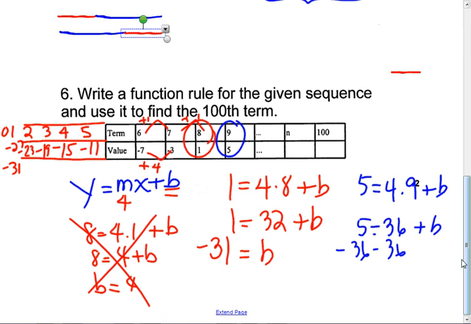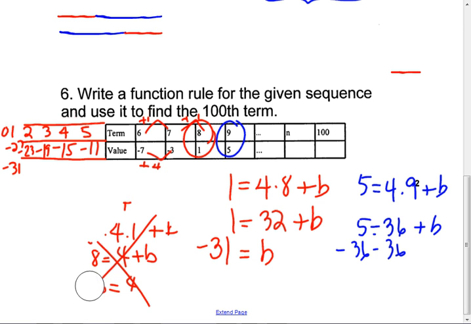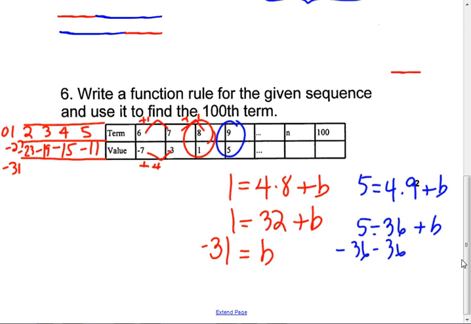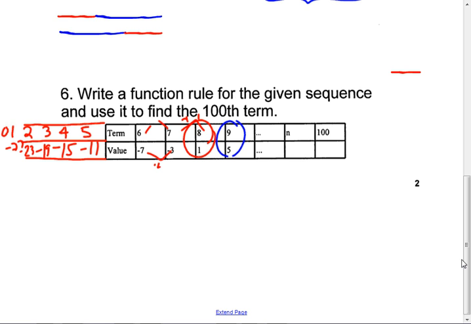Okay, one last one. I'm going to erase some stuff here. That was wrong, because I got my X and Y's mixed up. So let's just do this. There's a couple ways to do this. The one on the quiz is a little bit easier. You are only responsible for linear relationships.